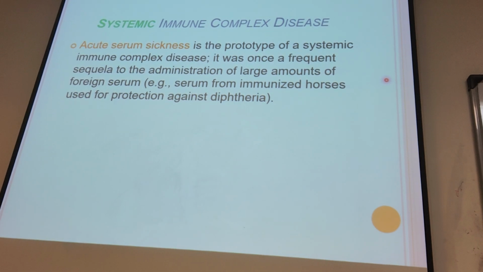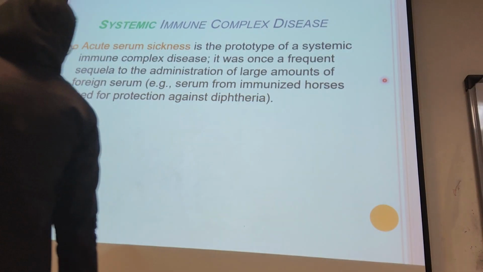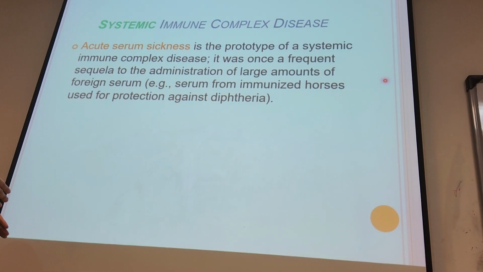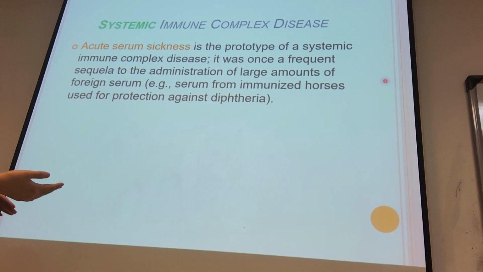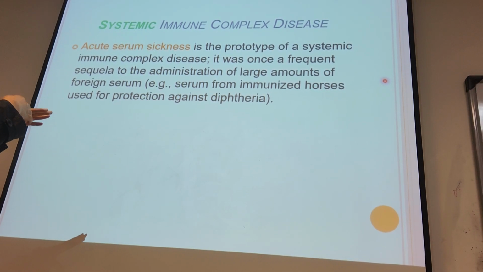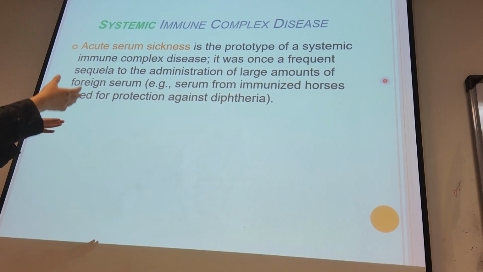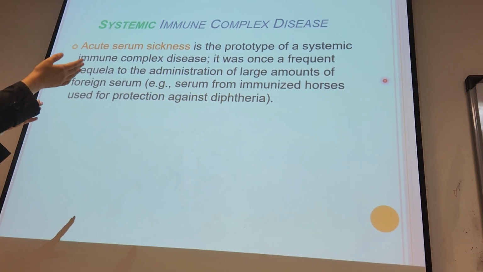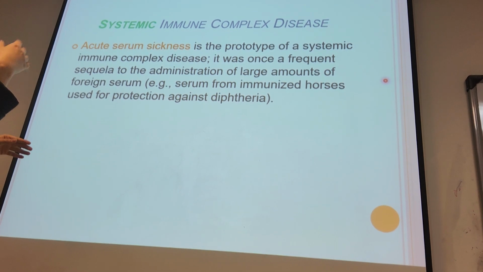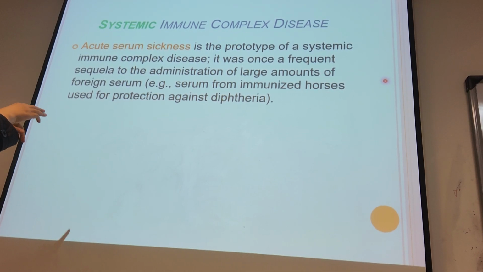For example, you may have heard about serum sickness. Sometimes, for example, in patients with diphtheria, they took serum from immunized horses, in order that some antibodies in the serum fight the antigens of diphtheria. So they took serum from immunized horses. And after administration of large amounts of this serum, they showed acute serum sickness.